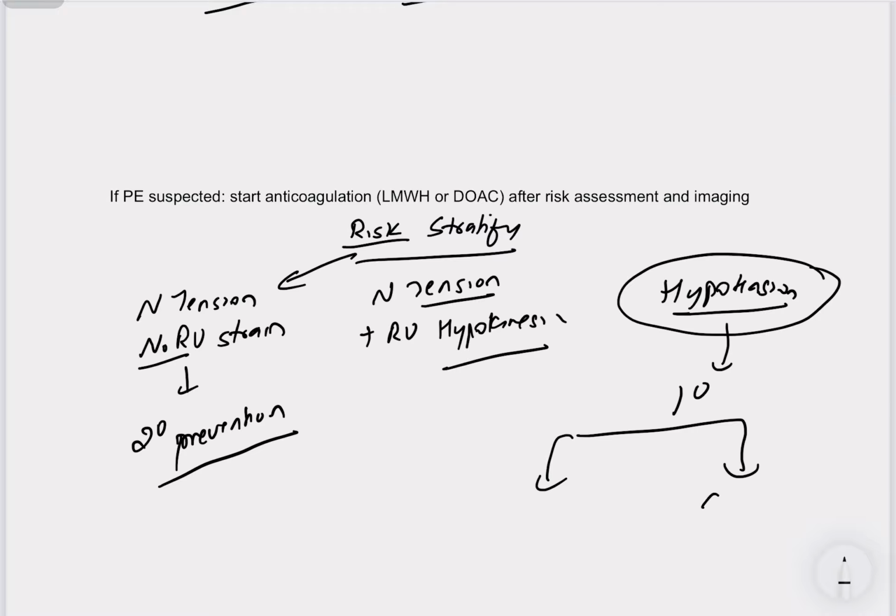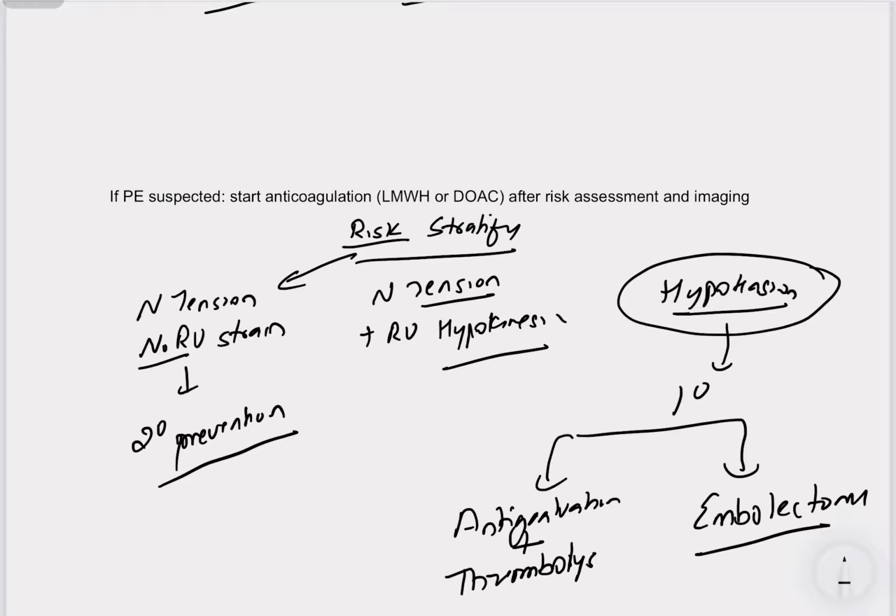If we can remove that embolus, we can do embolectomy, then we have to do that, by surgical or catheter guided embolectomy. Otherwise, anticoagulation plus thrombolysis should be done.